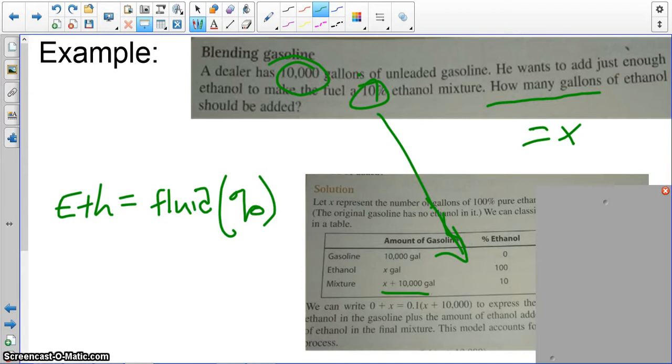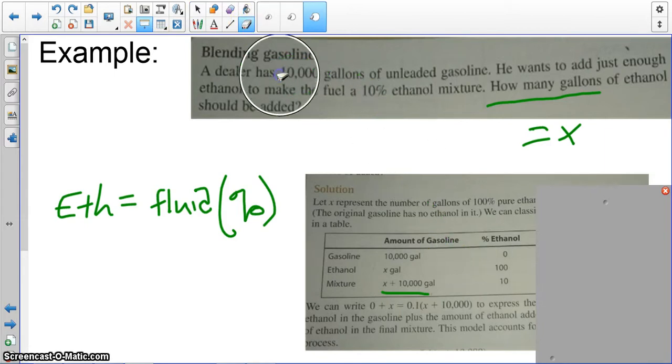Anyway, so 10,000 gallons is 0% ethanol, x gallons is 100% alcohol, and then x plus 10,000 gallons is supposed to be 10% alcohol.